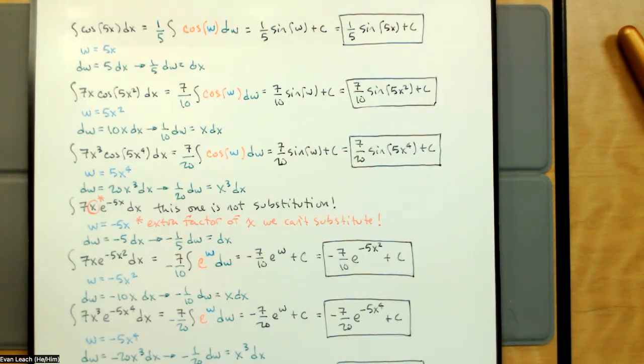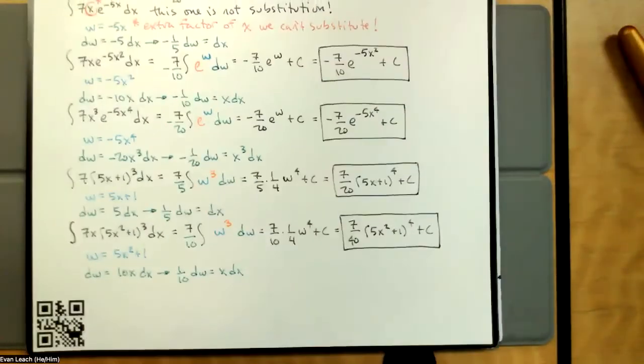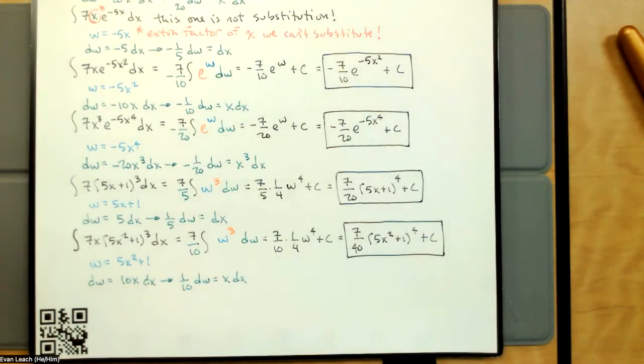I tried to stick to groups and themes for the problems. So like 1, 2, and 3, you were always just integrating cosine. 4, 5, and 6, the intention was that you were just integrating e to the w. In 7 and 8, you're just integrating a w to the third. 7 and 8 were the 5x plus 1 to the third, and then 5x squared plus 1 to the third.